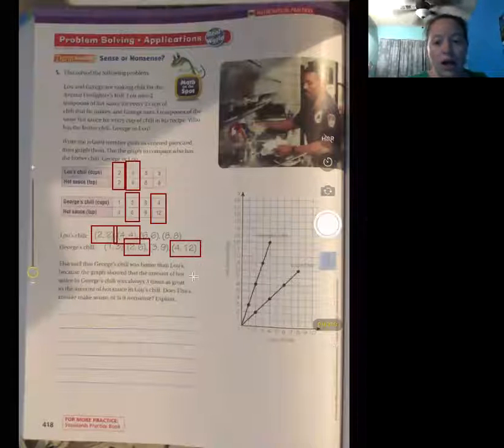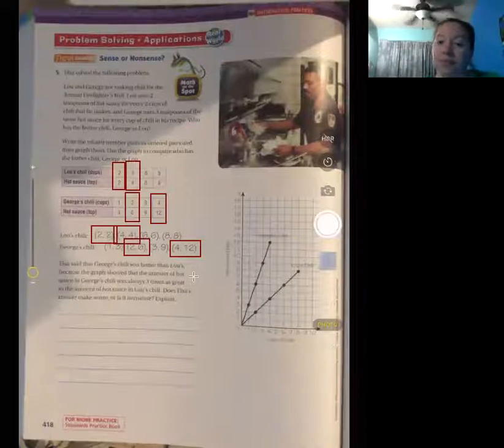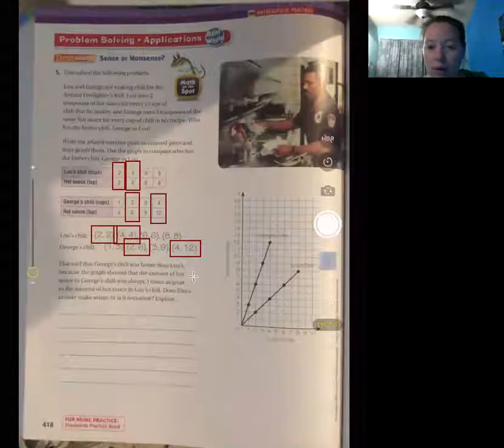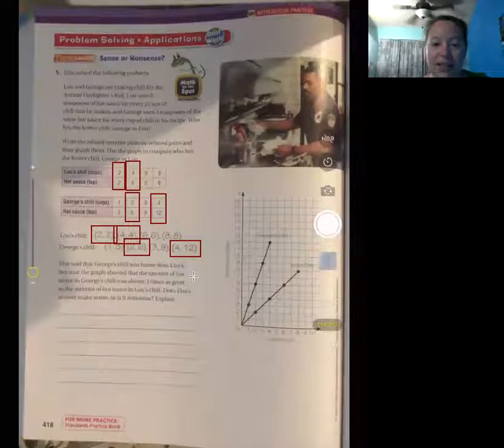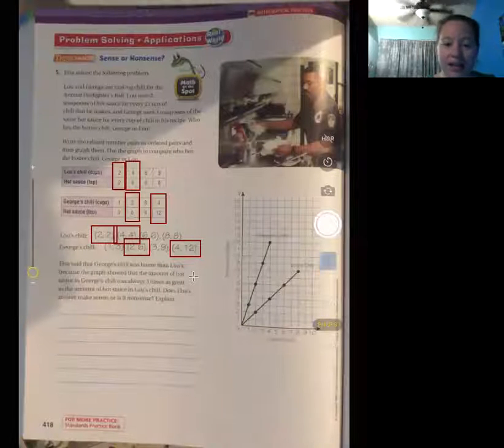George has 12 teaspoons of hot sauce. How much more? What did we multiply the 2 by to get the 6? 2 times 3 is 6. So George's chili is always 3 times as much as Lou's chili. Agreed?